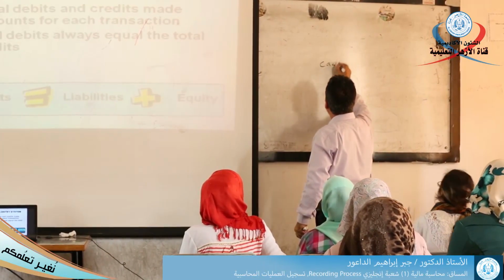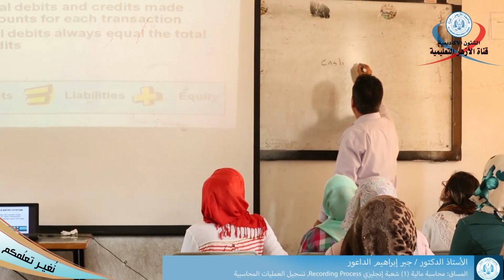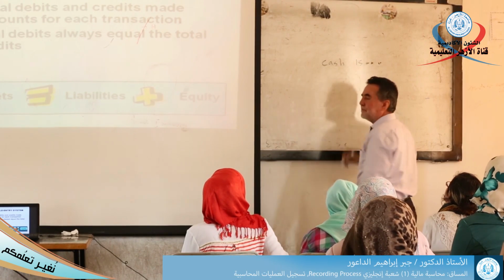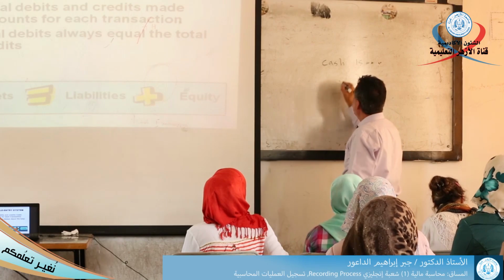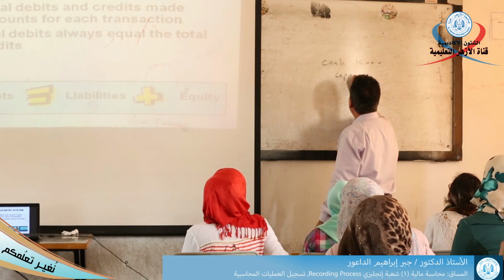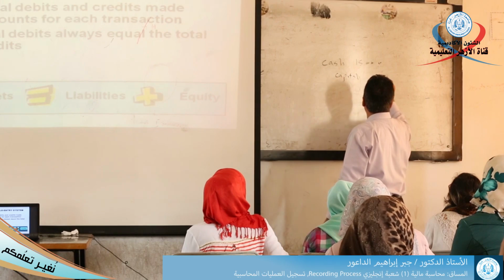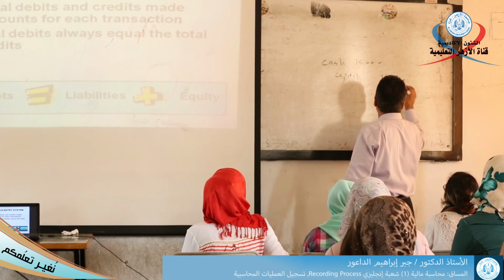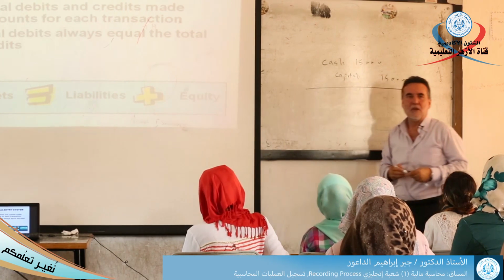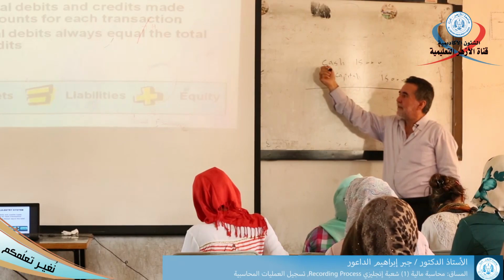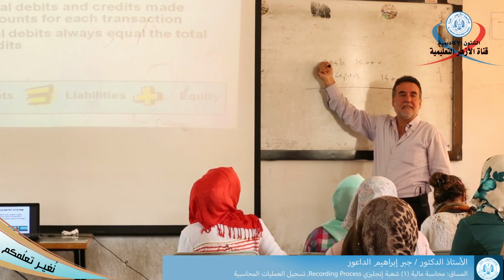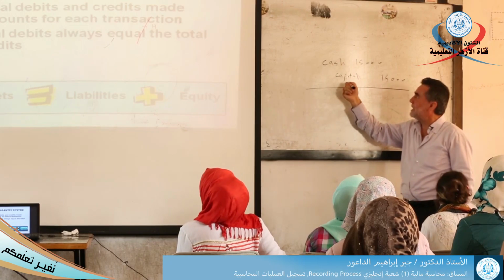Cash, 15,000, to capital, 15,000. Look, debit side, credit side.